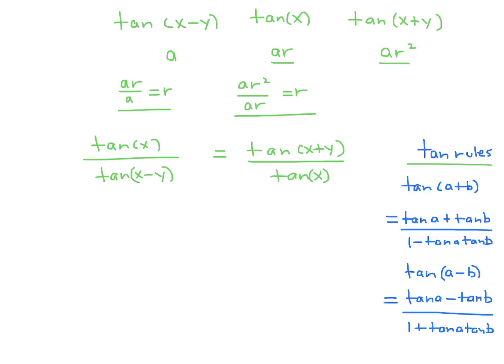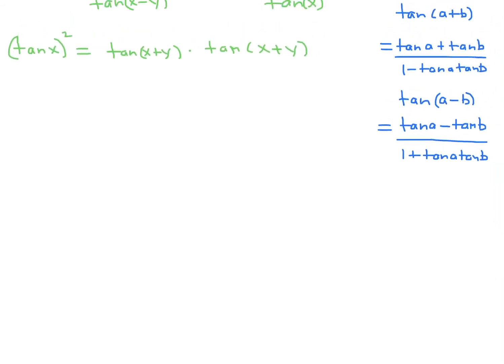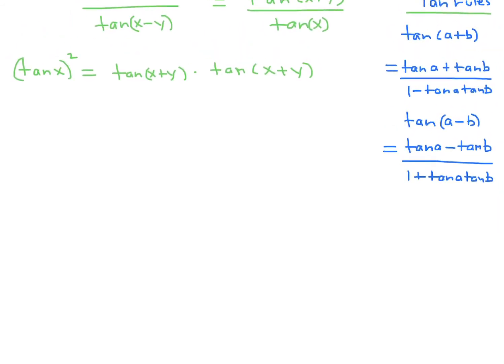First, let's cross multiply. I think that will help. So that becomes the tan of X all squared equals the tan of X plus Y, multiplied by the tan of X minus Y. Okay? So let's proceed with this using our tan rules.